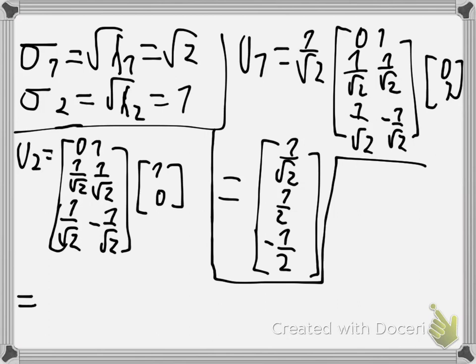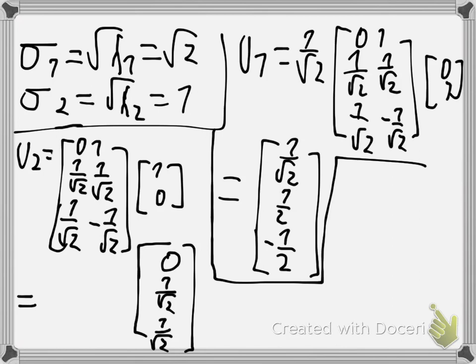And so, if you calculate that, you should get 0, 1 over square root of 2, 1 over square root of 2. I hope you can read it.